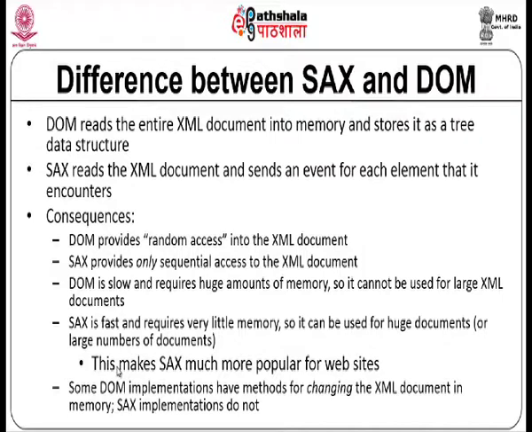But some DOM implementations even allow an update to or manipulation of an XML document through the parser. So, DOM provides random access to an XML document, whereas SAX provides serial access. Why? Because you use a DOM parser to store the entire XML document in memory, and you can access the XML tree using this parser.